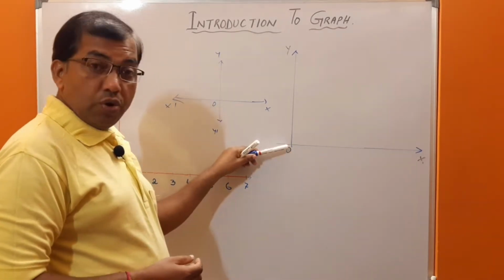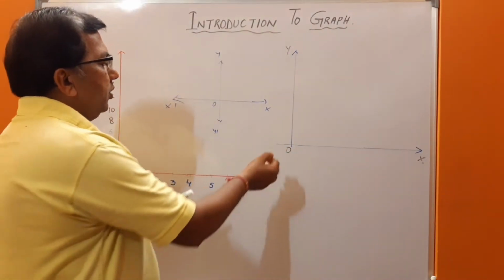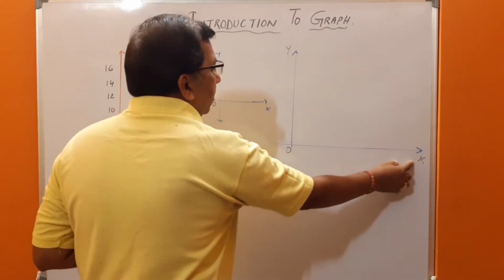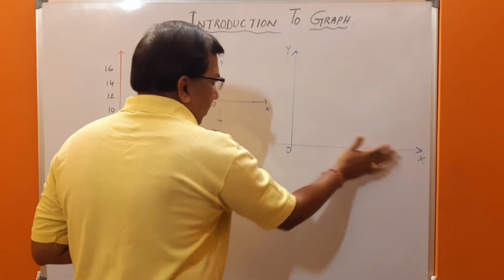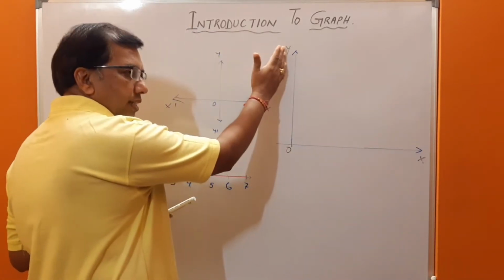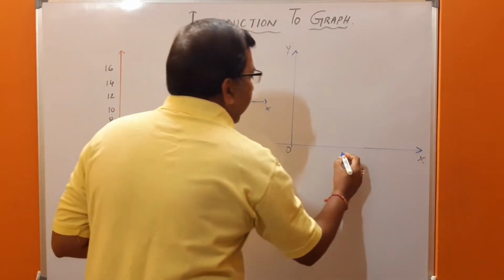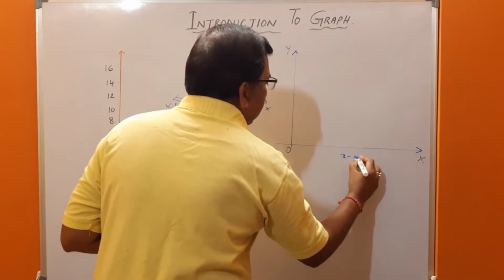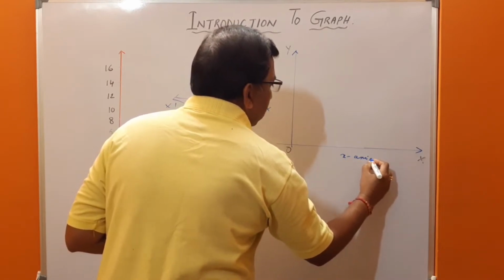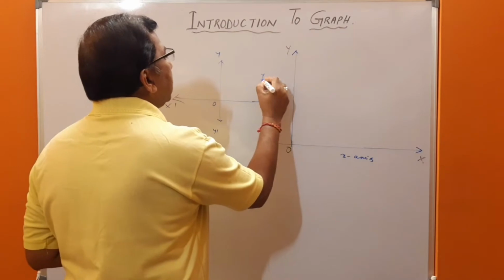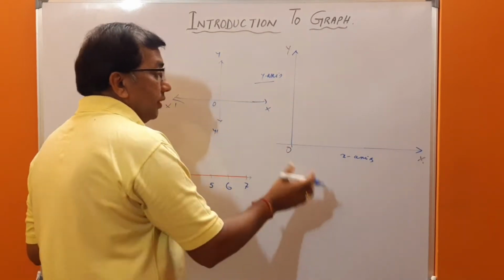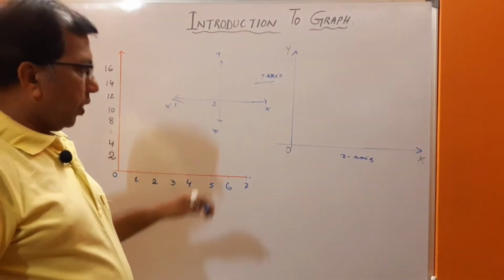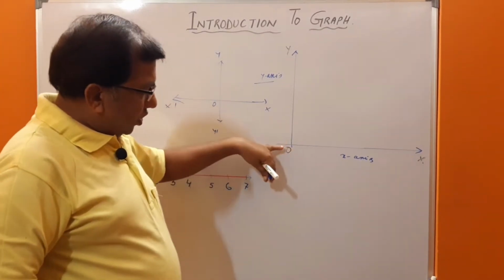This is known as the origin, and this horizontal line OX is known as the X axis. This line is known as the Y axis. This is the X axis, this is the Y axis, and this is the origin.